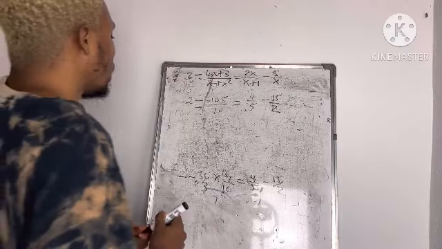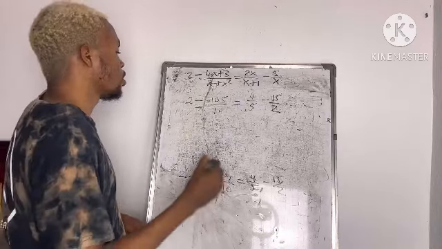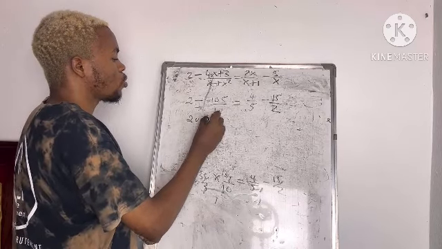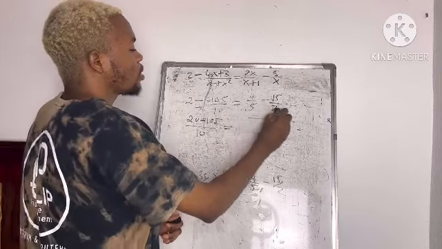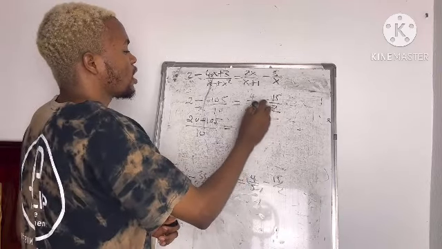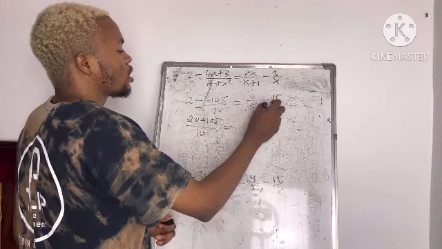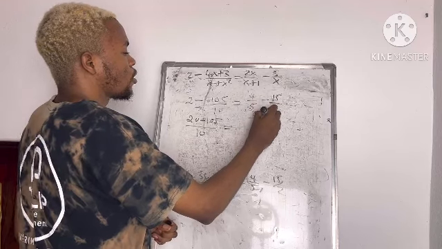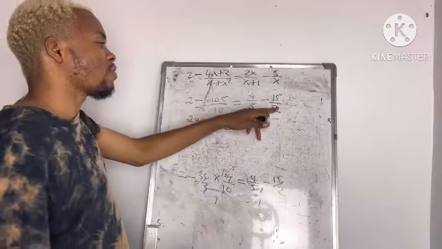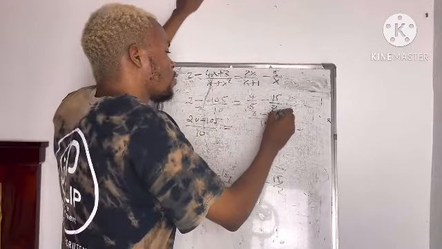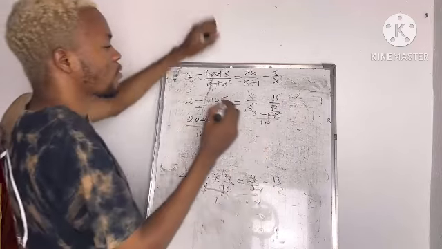Okay, now from here, 10 times 2 gives you 20. So you have 20 minus 105, all this on 10, equal to, the LCM here is 5 times 2, 10. 10 divided by 5, you have 2. 2 times 4, 8. 10 divided by 2 is 5. 5 times 15, 5 times 5, you should have 25, 5 and carry 2. 5 times 1, so you end up with 75.